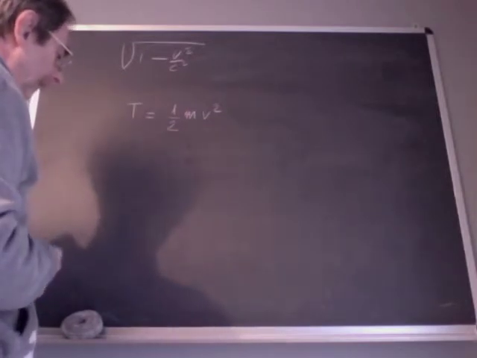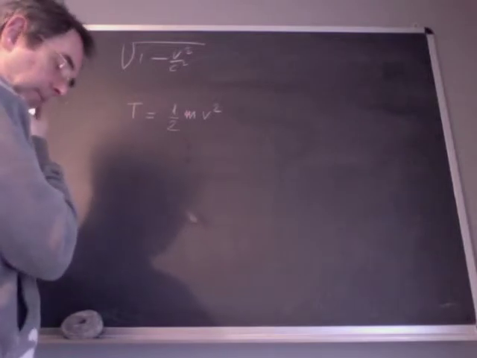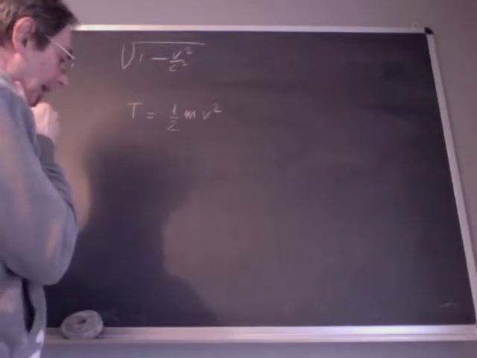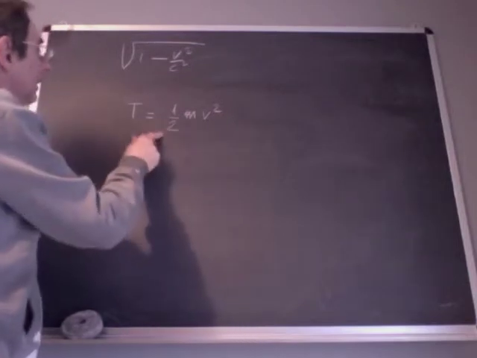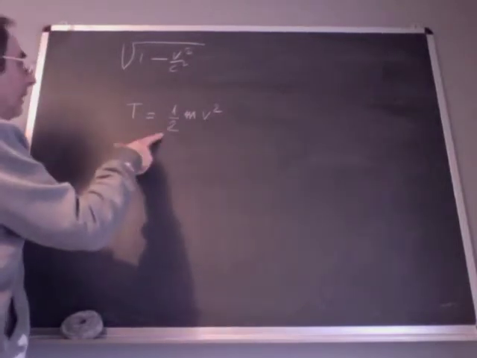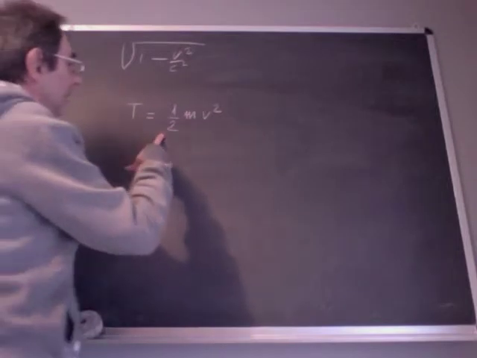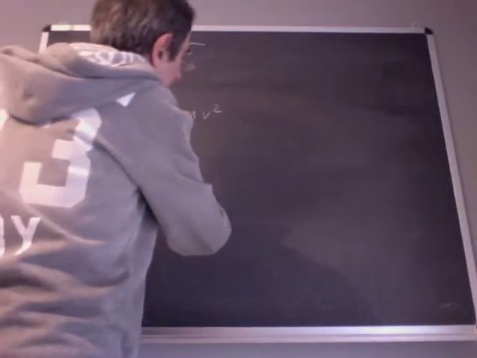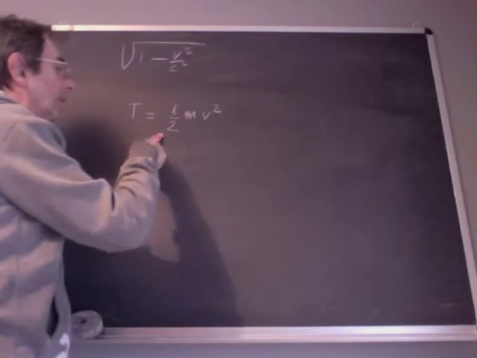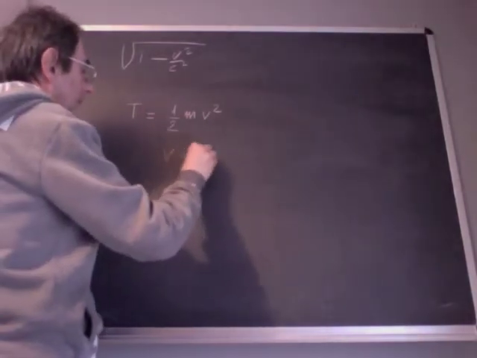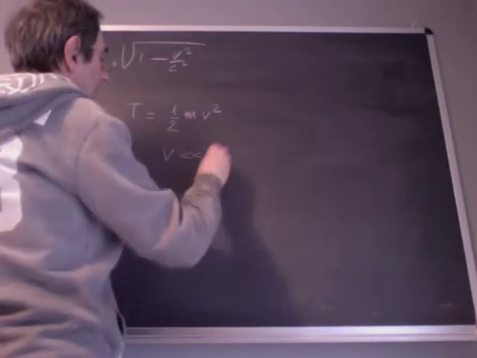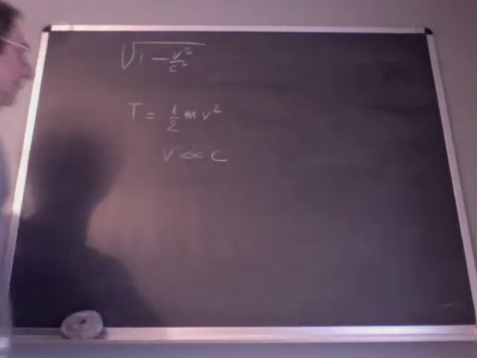But we have to consider the fact that this formula should be right when we go to the limit for the velocity much less than the speed of light.